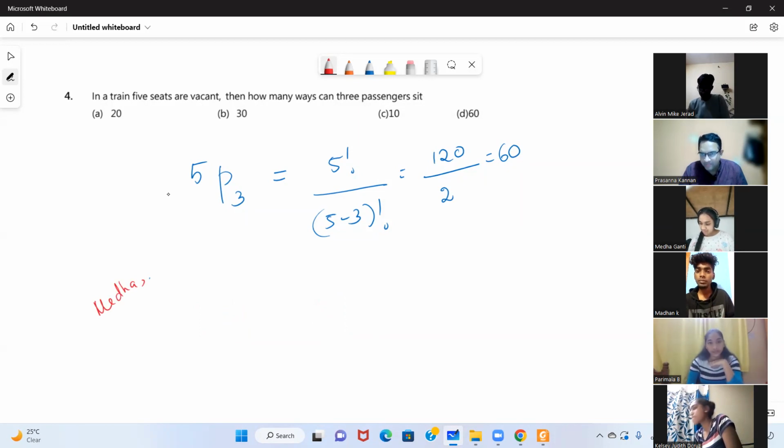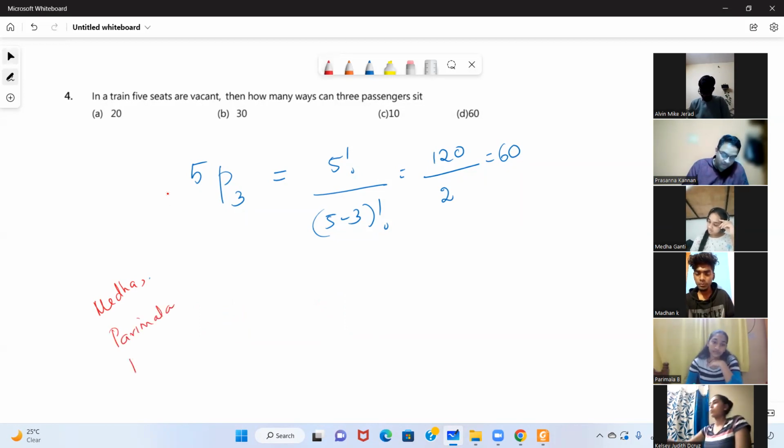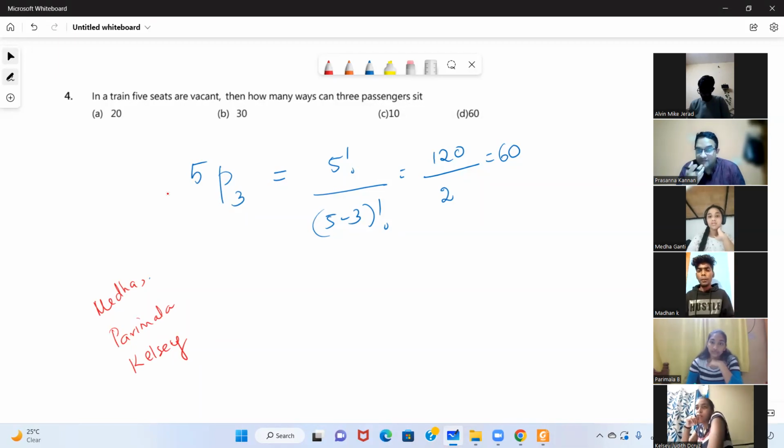Now, Medha, you enter the coach. How many seats are you seeing? How many seats are vacant? 5. So how many options for you to sit? 5 options. You go and sit in one of them.